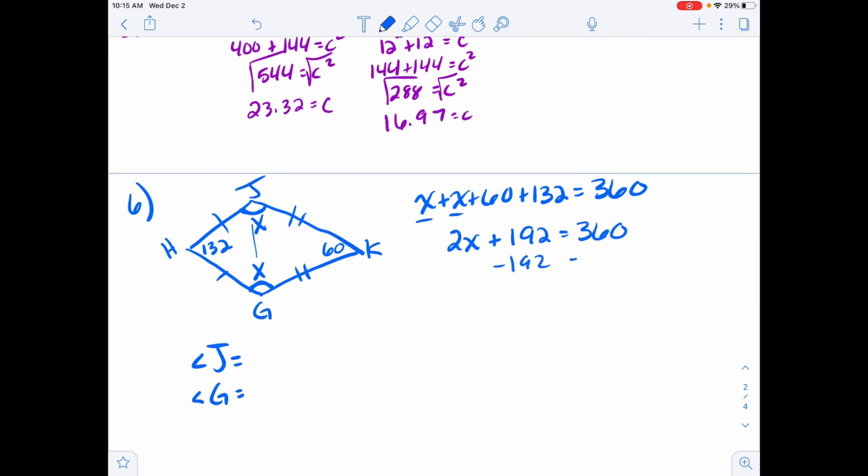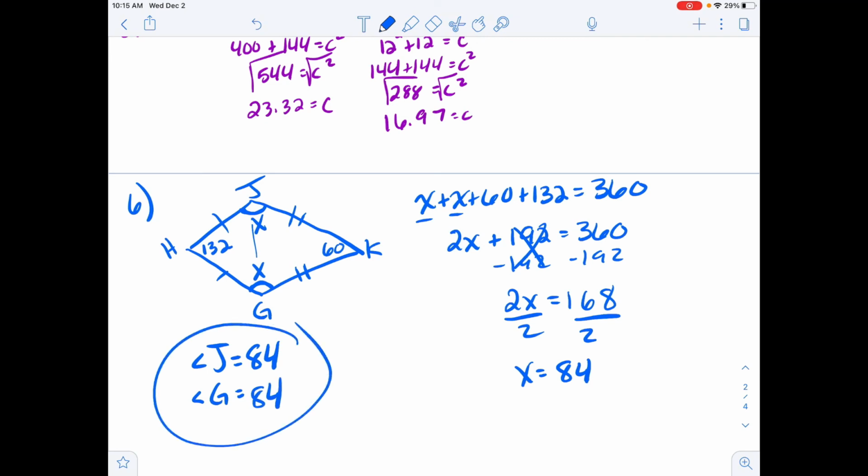Subtract 192 from each side. Get your calculators out. What's that give us? 168. And then we're going to divide each side by 2, and x comes out to be 84. So if angle J is 84, angle G is also 84. Those are the same thing. Okay, and there are your kites.